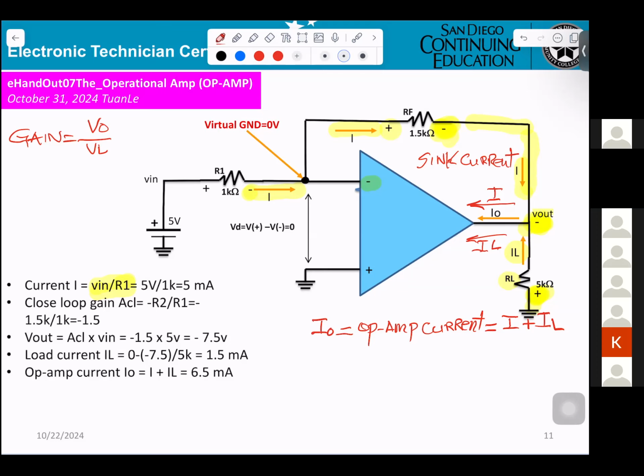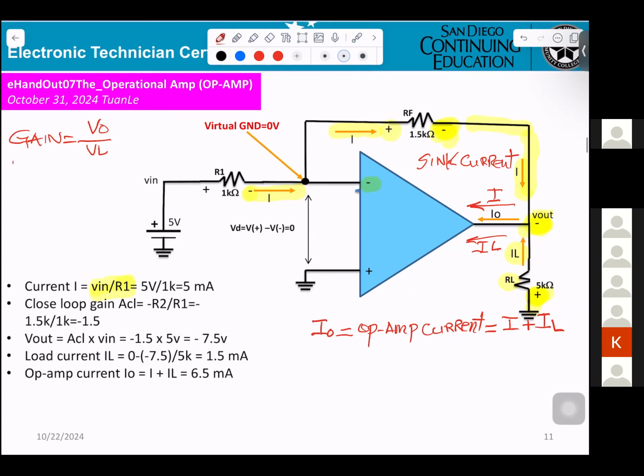Now can you tell me, if I want to calculate Vout, how do I calculate Vout? Looking into the circuitry, what does Vout equal? I want to calculate it by the current and the resistance.